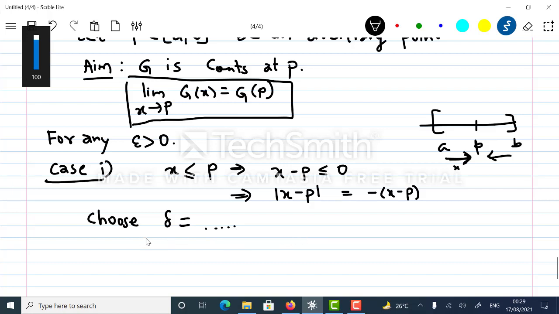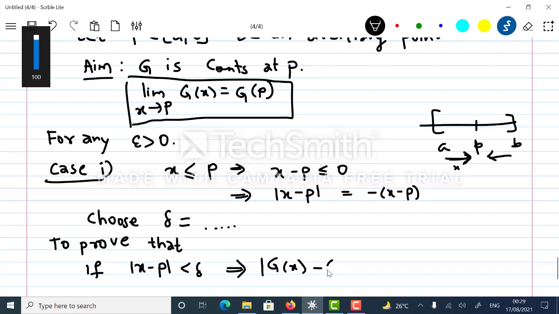And with this delta we have to prove that if mod x minus p less than delta implies mod g of x minus g of p is less than epsilon.